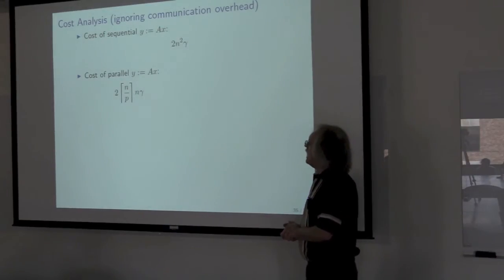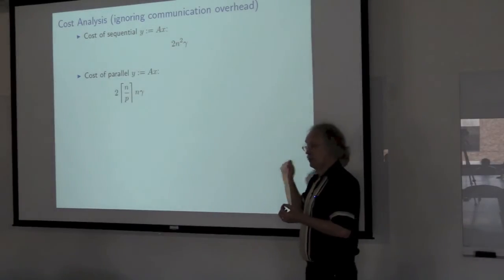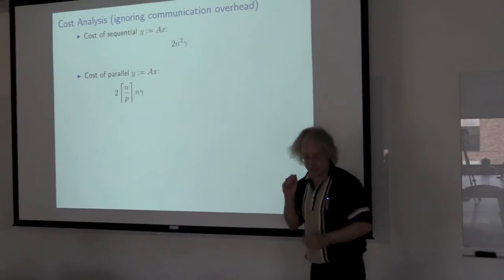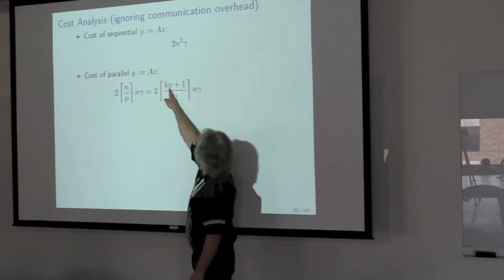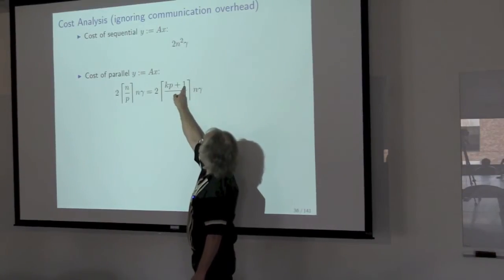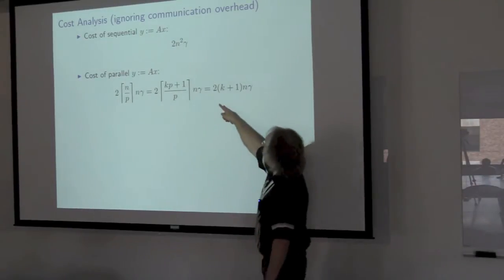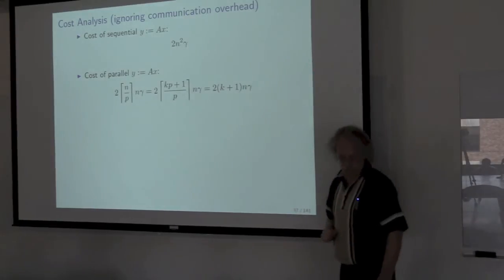And notice that by the way we define the problem, it doesn't divide nicely. There's always going to be one row left, and that's going to be important. We describe that by saying n we took to be some multiple of p plus 1. And if you do that, then when you divide by p, you get 2 times (k plus 1) times n gamma.